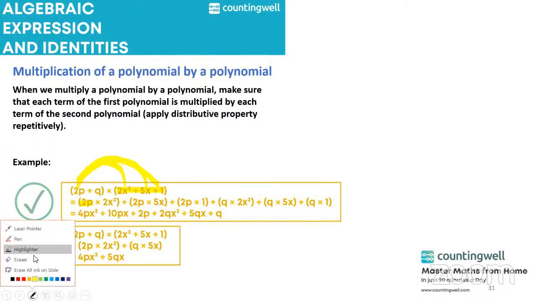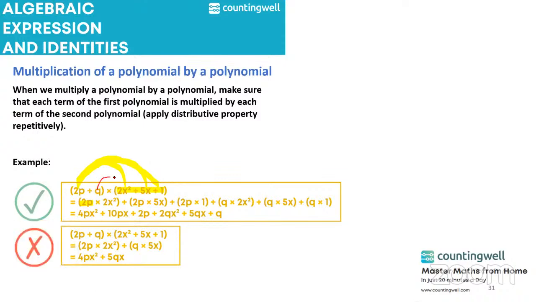Then we take q: q into 2x square, q into 5x, then q into 1. So here we have done. Then similarly, you have to multiply the numerical coefficients and add the powers if the variables are the same. Otherwise, write them as, 2p into 2x square as 4px square, and so on.